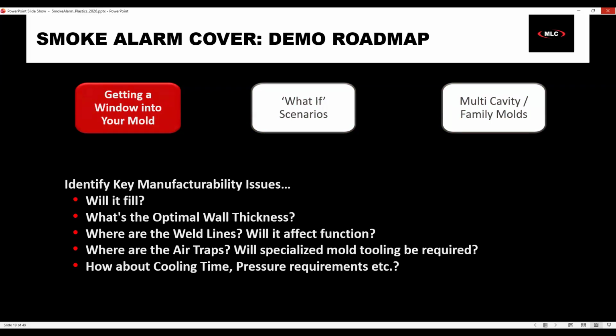Will it affect function? Can we change them? We're going to take a look at something called air traps. This can allow us to see if there is an excessive amount of air getting trapped inside of the cavity. And we'll take a look at some more simulation results such as pressure and temperature, but we'll also get things like cooling time and a couple other things as well.